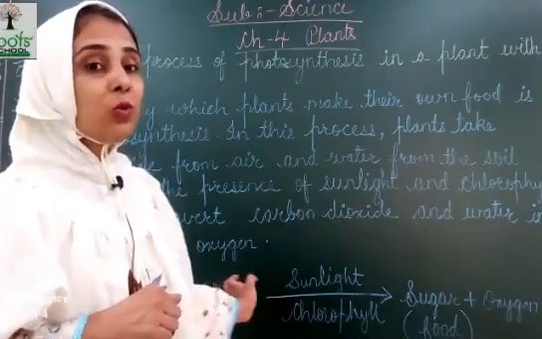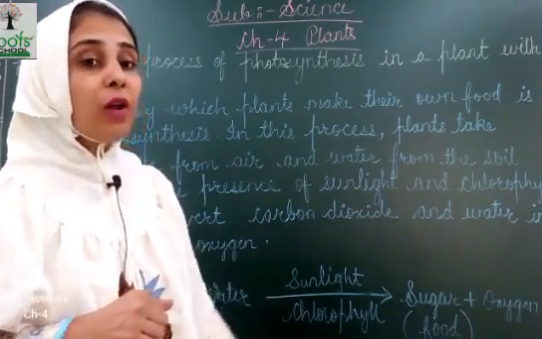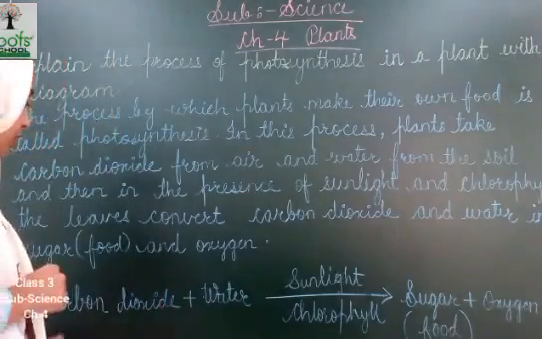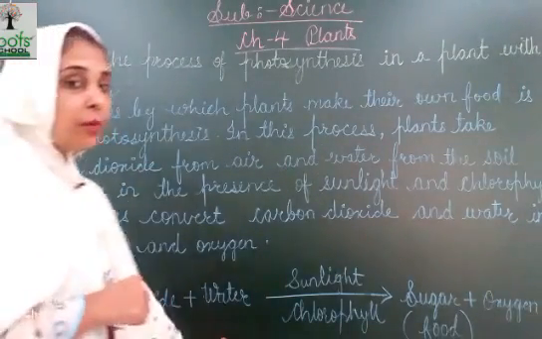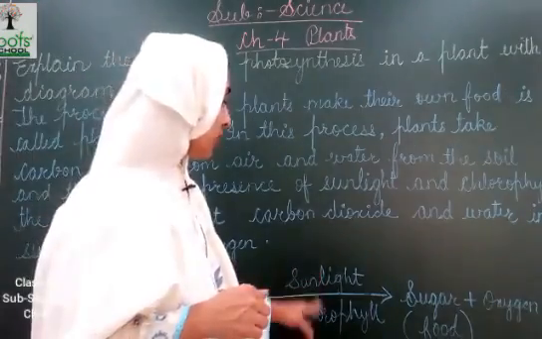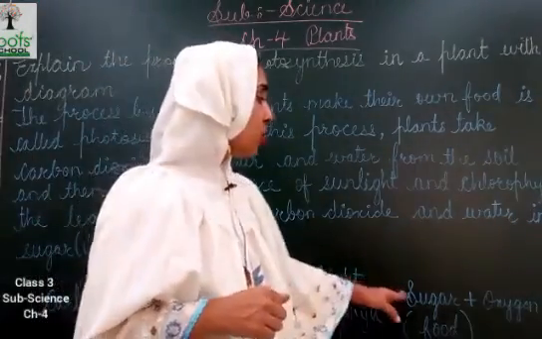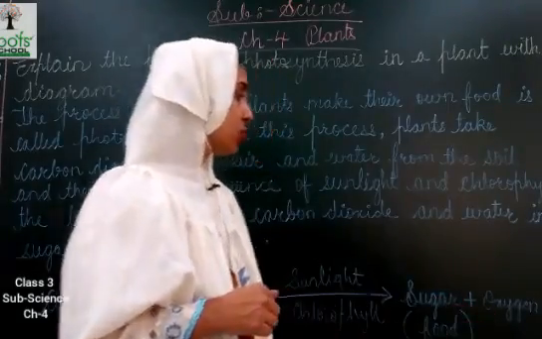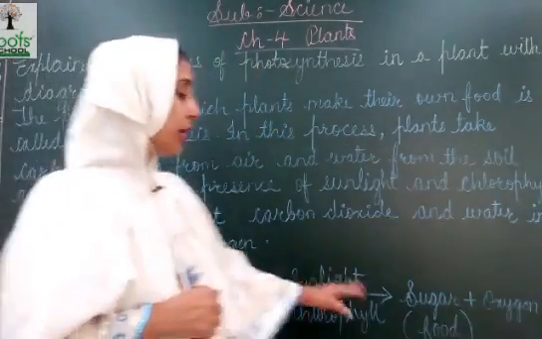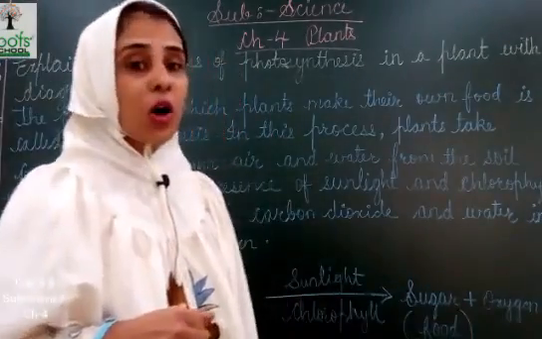So you will show in a diagram how carbon dioxide plus water in presence of sunlight and chlorophyll gives sugar plus oxygen. Sugar is its food, plus oxygen.